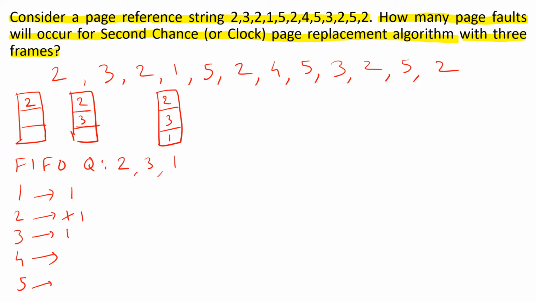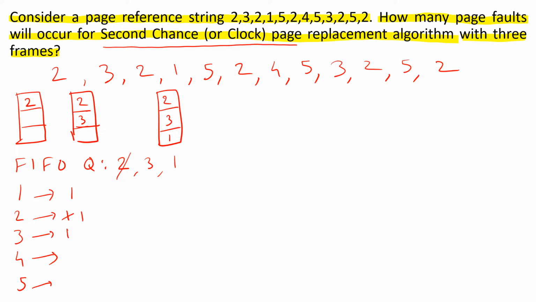Okay, then we need page number 5. Now the replacement will begin. The algorithm is second chance, which is very similar to FIFO. We look at the queue, to see which page was brought into main memory first: page number 2. So we remove that page from the queue and look at its reference bit.